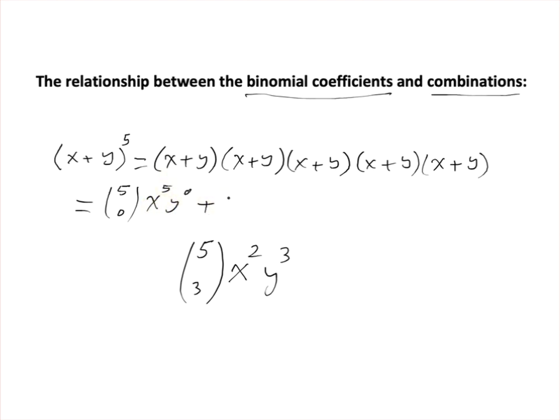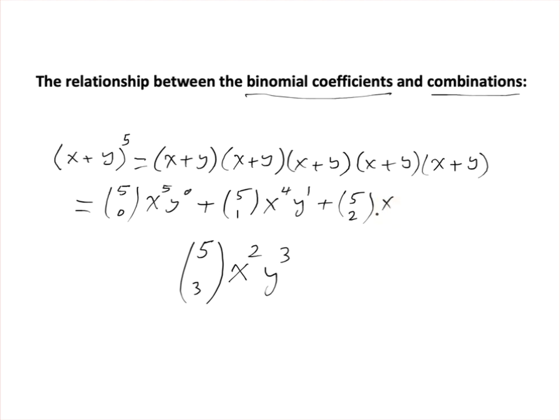And then for the next, you find how many ways you can choose 1 y. There is 5 ways, or 5 choose 1, x to the 4th power, and then just y to the 1st power. And then how many ways I can choose 2 y's out of these 5 factors.